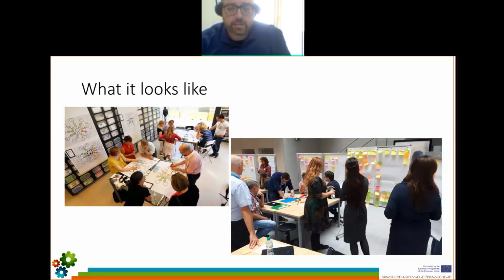So design thinking looks like a very dynamic and fluid process, where people work collaboratively. Here, each table is basically a group. They work collaboratively inside the group, and sometimes even between groups. That depends.